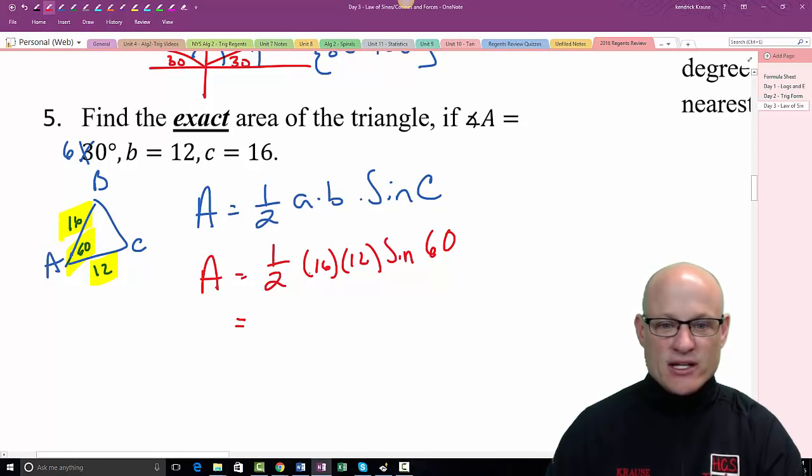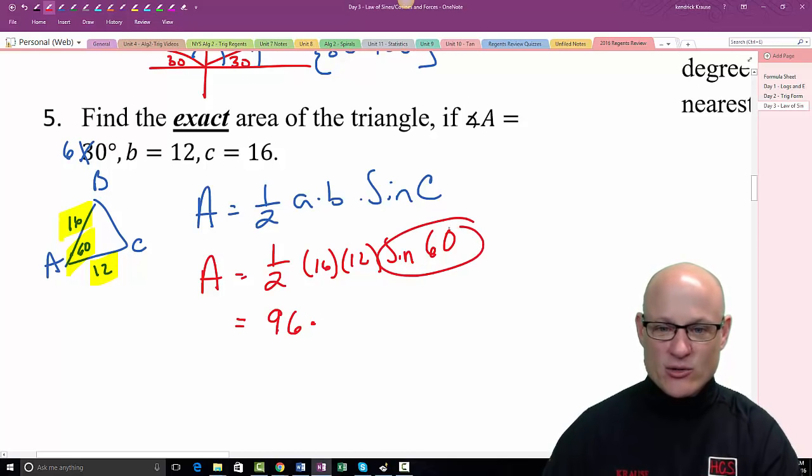So you have to know somehow what the sine of 60 is. So this is, let's go, half of 16 is 8. 8 times 12 is 96. So I get 96 times. Now, I need to know what the sine of 60 is.